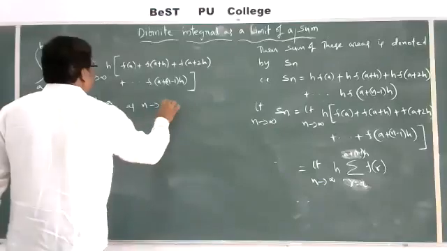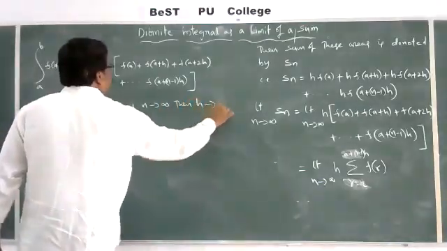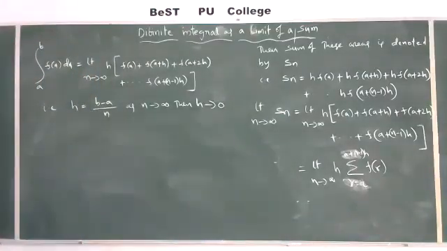As n goes to infinity, then h tends to 0.